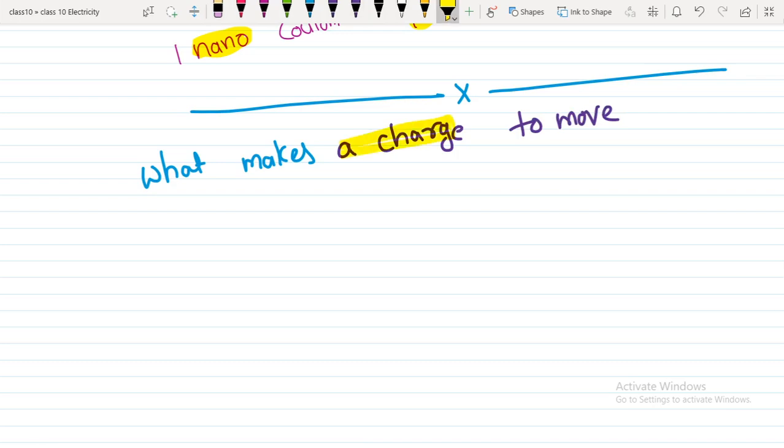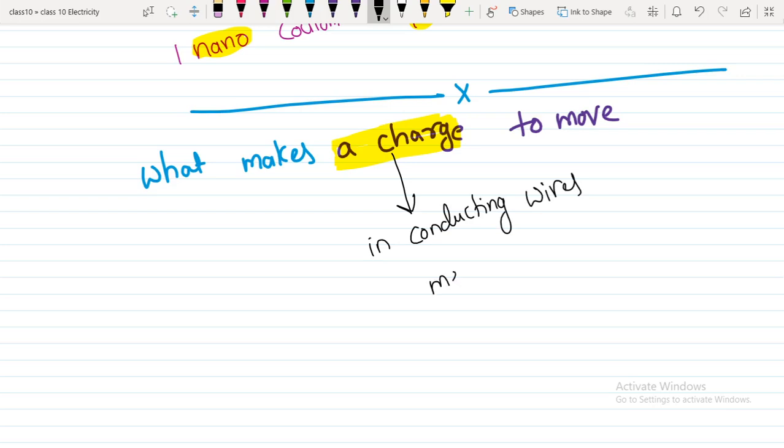To move charge, what is required? Remember carefully. Where are these charges contained? These charges are contained in conducting wires, or metal wires.